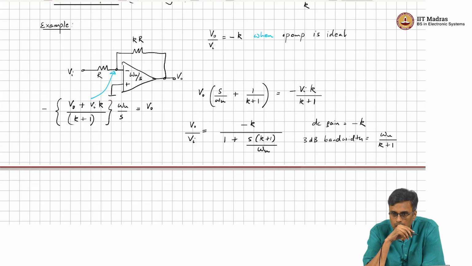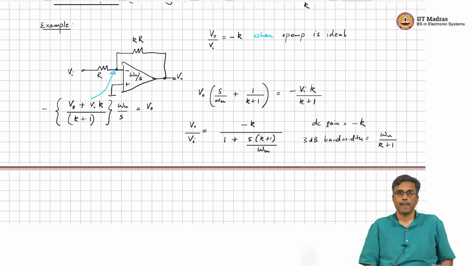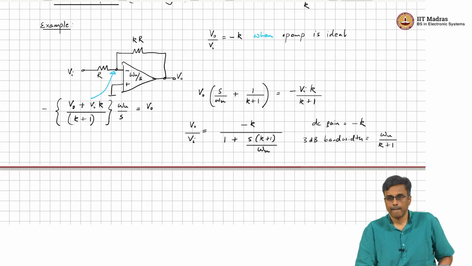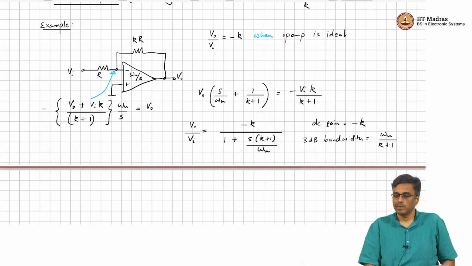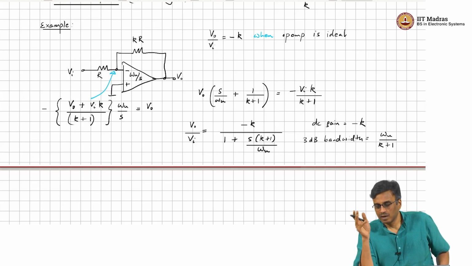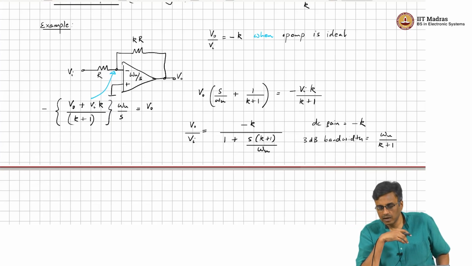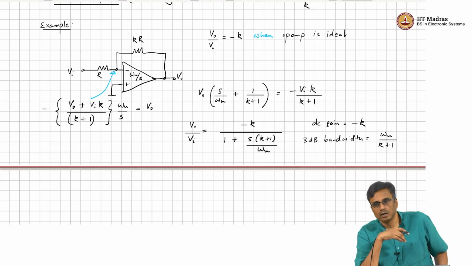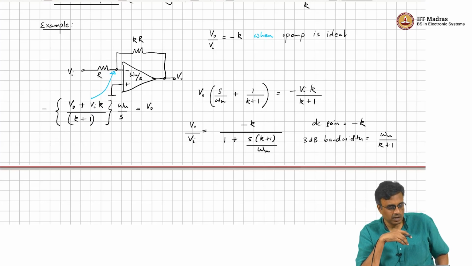Right. So here is an example where you multiply the gain with the 3 dB bandwidth. What is the product? If you multiply the magnitude of the gain with the bandwidth, you no longer get omega u. It's something close to omega u, but it's not omega u, right. So definitely gain times bandwidth is not a constant and not equal to omega u.